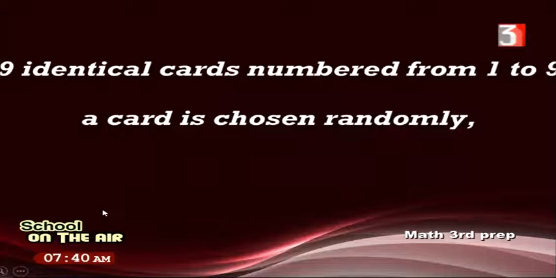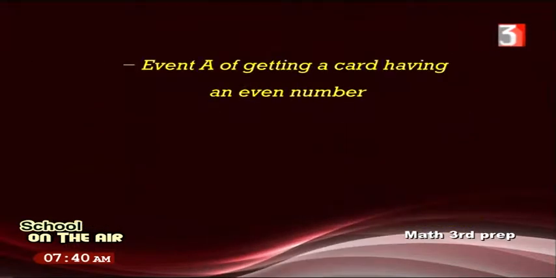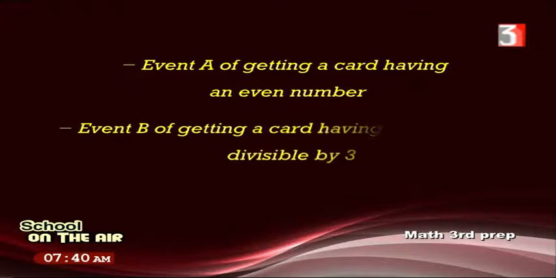For example, 9 identical cards numbered from 1 to 9. A card is chosen randomly. Write the sample space, then write the following events. First, event A of getting a card having an even number. Event B of getting a card having a number divisible by 3.